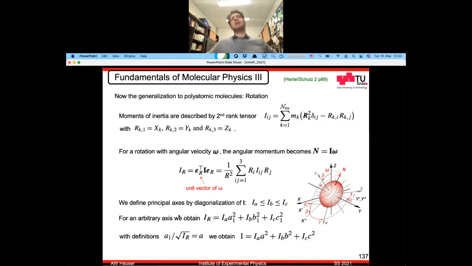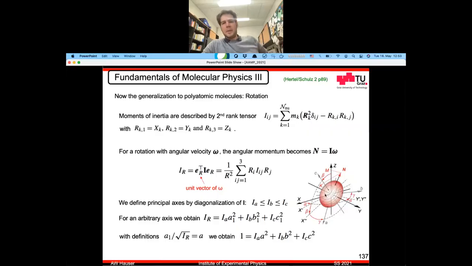Basically, you can think of it this way: I'm doing a rotation, a linear transformation. I rotate my coordinate system in such a way that in this new basis, my matrix becomes diagonal, and this is shown here in this little graphic.